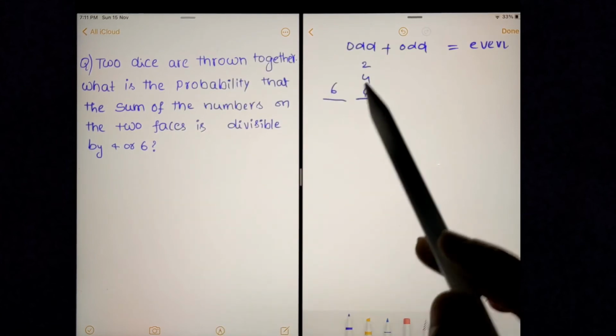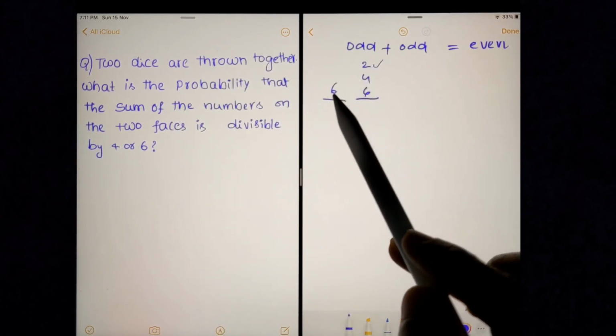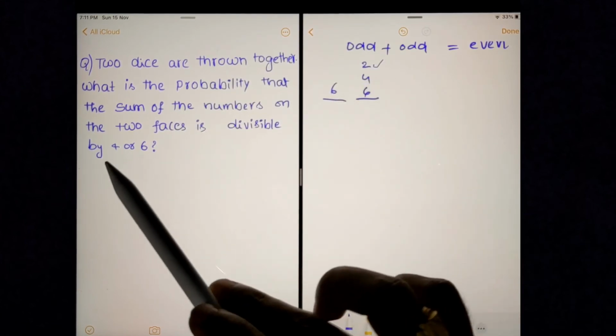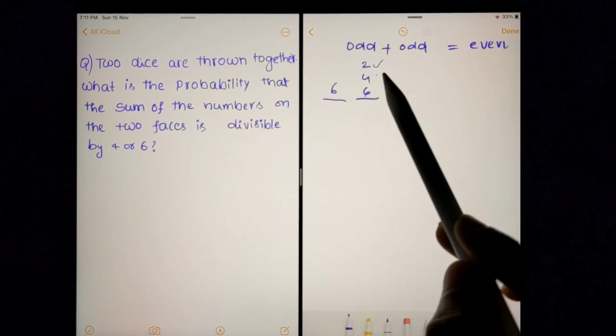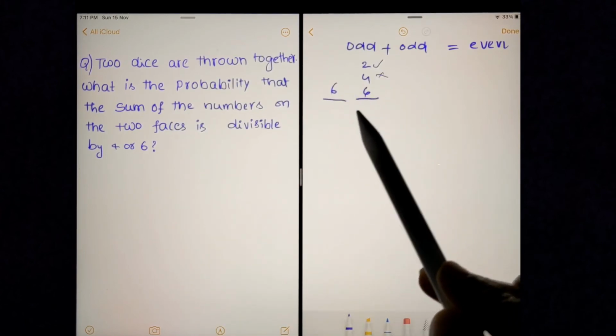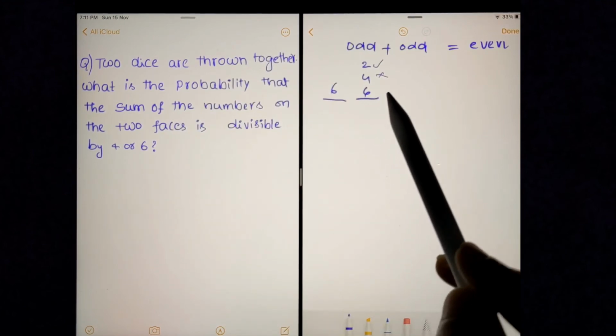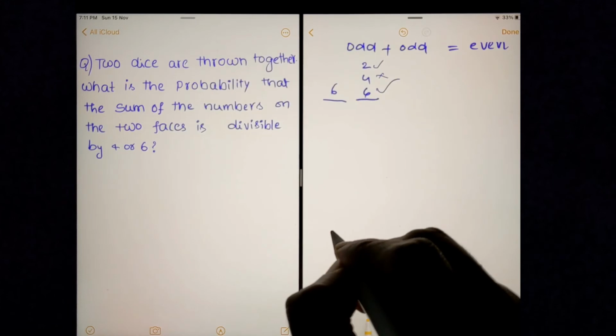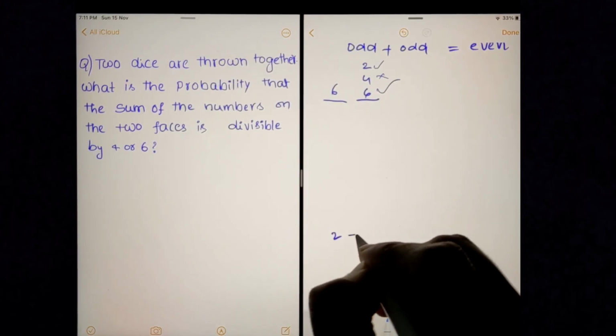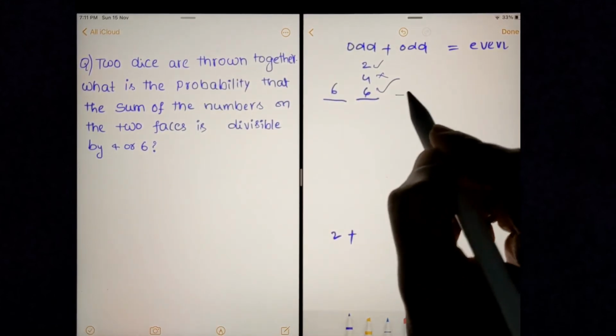It is divisible by 4. This is satisfying the condition. 6 plus 4, 10. 10 is not divisible by either 4 or 6. This is not satisfying. 6 plus 6, 12. 12 is satisfying the given condition, because 6 can divide 12. So total 2 outcomes are here.